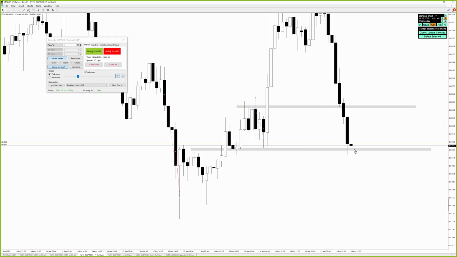But since this is a 35 pip range, if we do create a support, I think this is enough range to take a buy for price to continue moving up. If this was a smaller range, then we would say we need price to retrace, create resistance, and then retest the low. But this is a big enough range to take a buy, and that buy would be a retracement of price up.